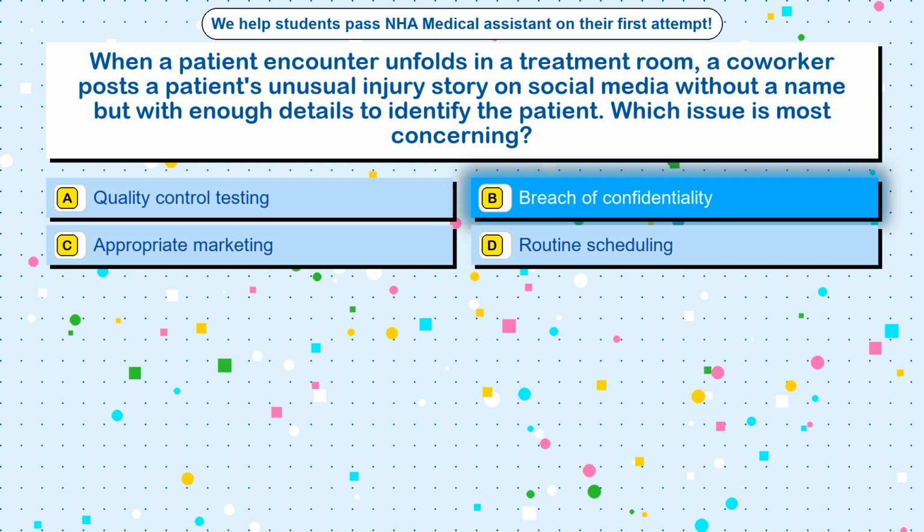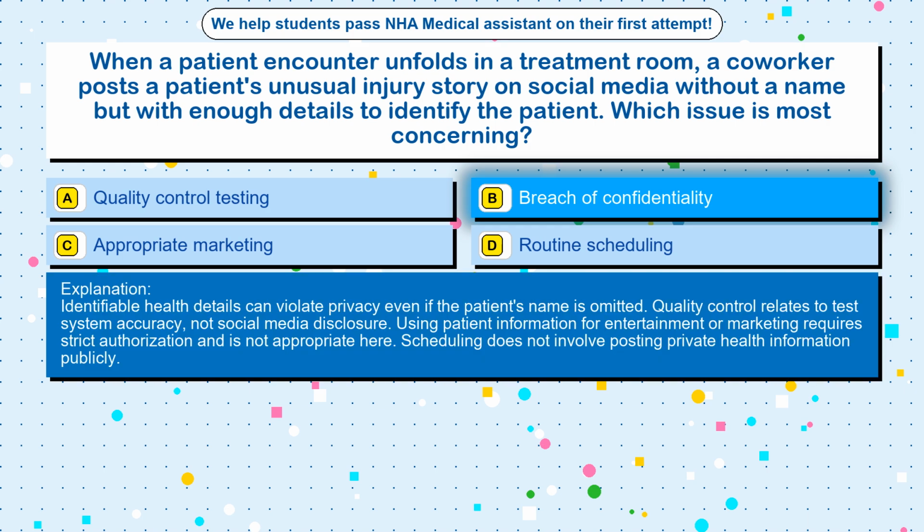The correct answer is option B, breach of confidentiality. Identifiable health details can violate privacy even if the patient's name is omitted. Quality control relates to test system accuracy, not social media disclosure. Using patient information for entertainment or marketing requires strict authorization and is not appropriate here. Scheduling does not involve posting private health information publicly.